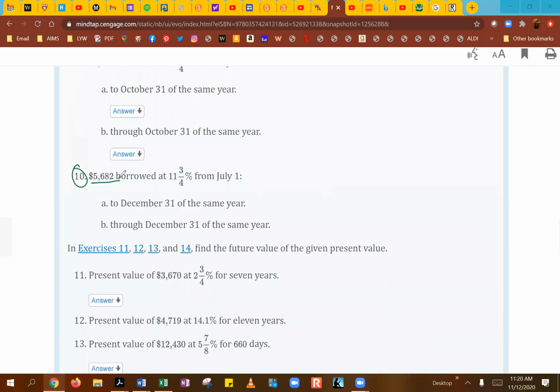Okay, so we are borrowing 5,682. This is borrowed at 11.75%. So what will that be as a decimal? And it looks like our time frame is going to keep changing. So your rate of interest as a decimal, what will we have?